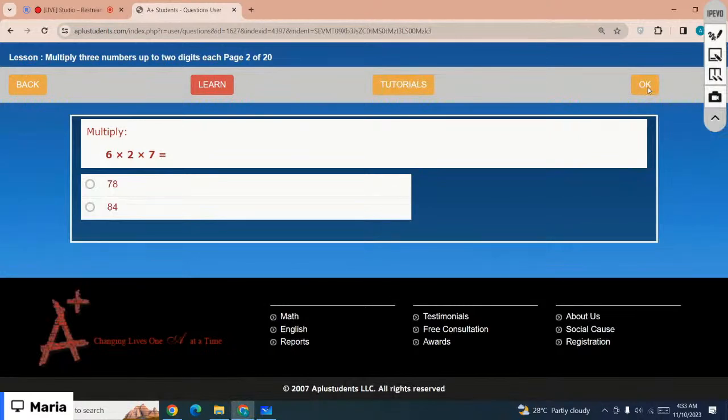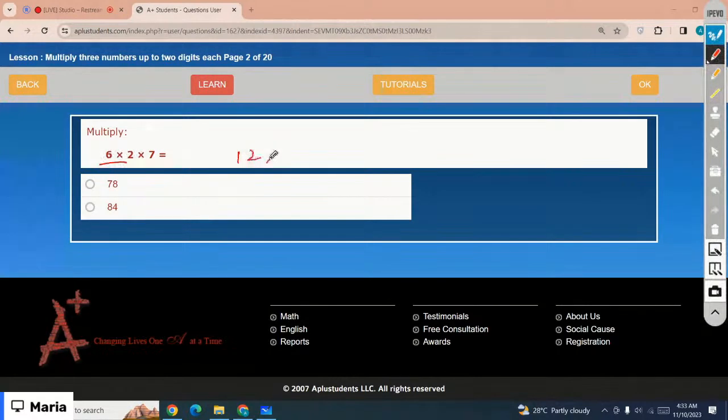Okay, 6 times 2 times 7. So which is the correct option? The correct option is, just multiply the first two numbers, just do 6 times 2. 6 times 2 is 12 and then do 12 times 7.